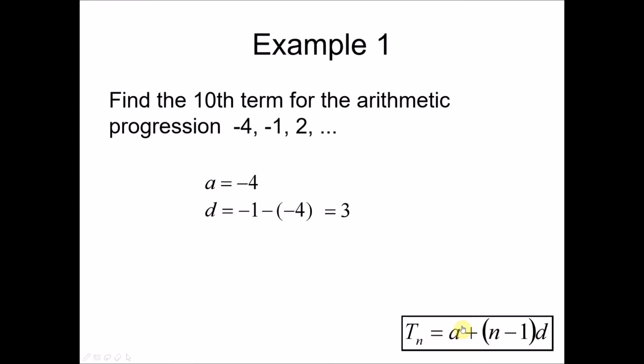A is negative 4, D will be 3. And since we are looking for the 10th term, this will be T10. So T10 equals negative 4 plus, n here is 10, so 10 minus 1, times D, which is 3. The common difference is 3. Calculate this, we get the answer: T10 equals 23.